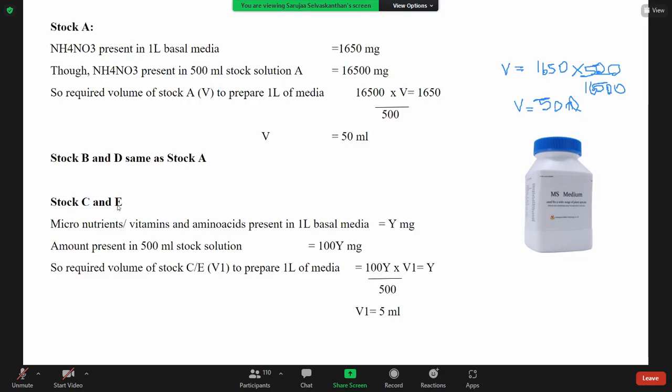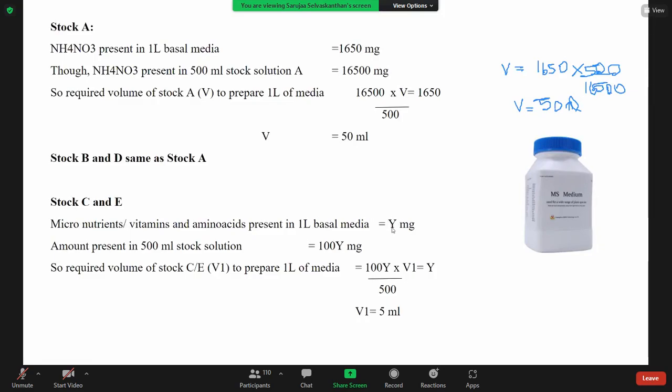So we can put it as Y milligram altogether of micronutrients or vitamins. If it is stock C, just forget about E, the micronutrients present in 1 liter of basal media is Y milligram, because there are 6 or 7 micronutrients.